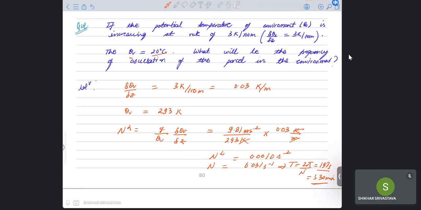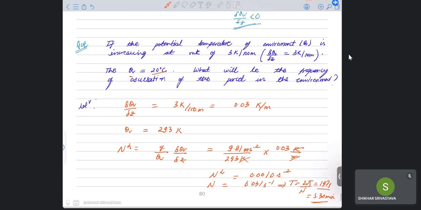So the frequency of the oscillation of the air parcel completely depends upon the temperature profile of the environment, theta V, and the rate at which it is changing. If we know the potential temperature of the environment and the rate at which it is changing, you can just find out the frequency of the oscillation of the air parcel in that environment.